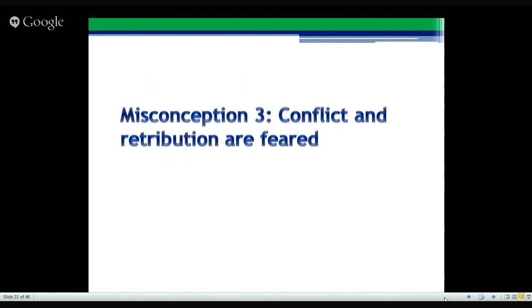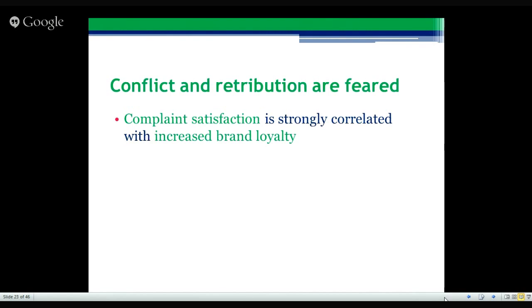Misconception 3, conflict and retribution are feared. Interestingly, again, in the consumer rage survey, complete satisfaction they found was strongly correlated with increased brand loyalty. So as much as you fear the conflict, you fear what is negative about your brand or service, by learning about what the problems are and resolving them, it increases brand loyalty, because now the consumer has an emotional connection with your brand.